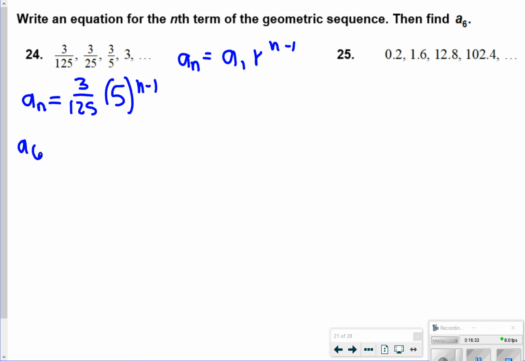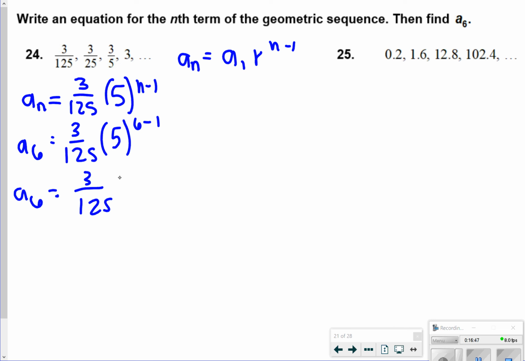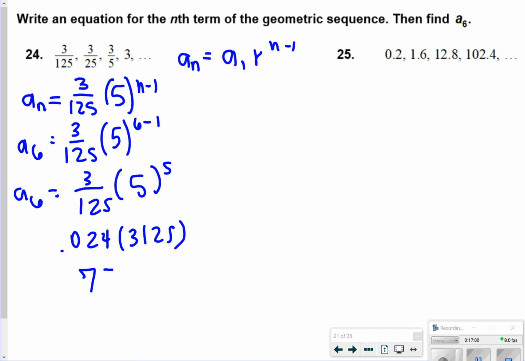Now I'm ready to find a of 6. So I have 3 over 125 times 5, and then to the 6 minus 1. That is going to be a6 is equal to 3 over 125 times 5 to the 5th, which would give me, and I made 3 over 125 a decimal, 0.024 times 3,125, which is 75. So a of 6 is 75.